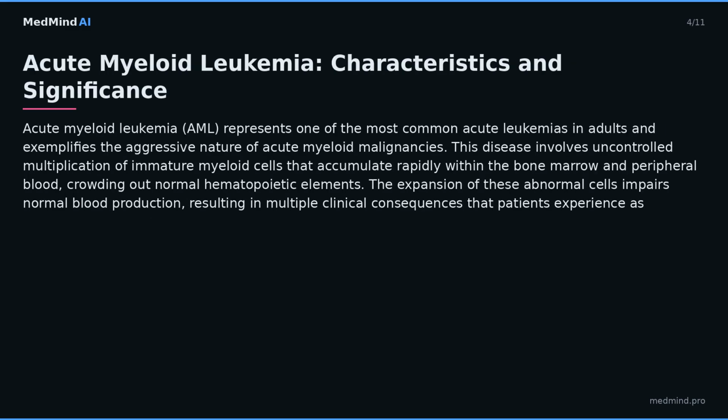Acute myeloid leukemia, characteristics and significance. Acute myeloid leukemia, AML, represents one of the most common acute leukemias in adults and exemplifies the aggressive nature of acute myeloid malignancies. This disease involves uncontrolled multiplication of immature myeloid cells that accumulate rapidly within the bone marrow and peripheral blood, crowding out normal hematopoietic elements.